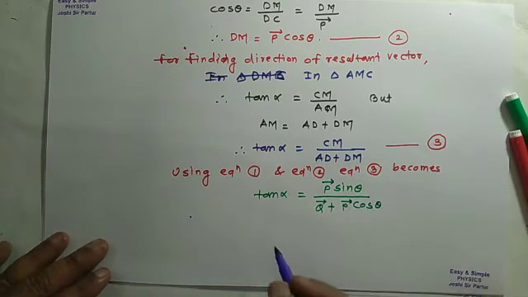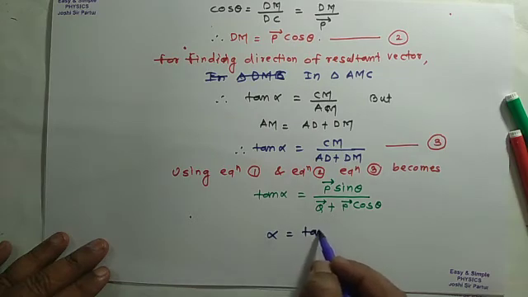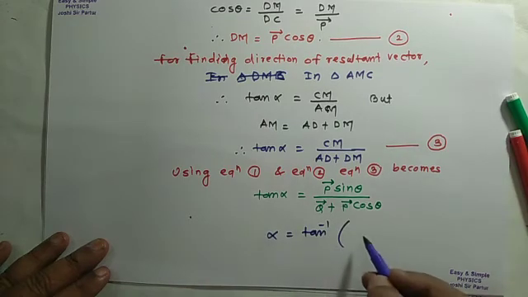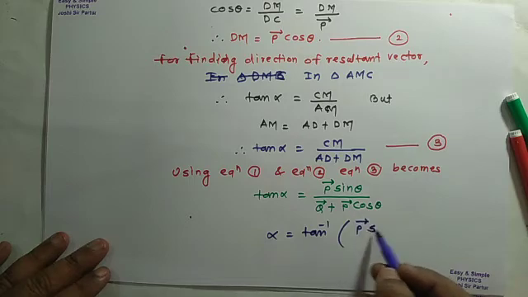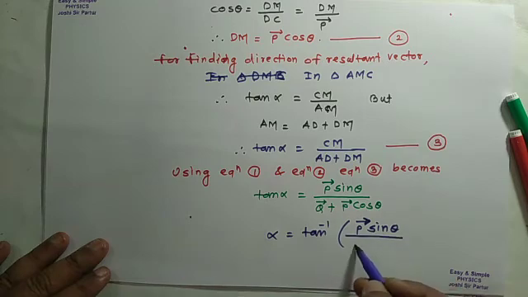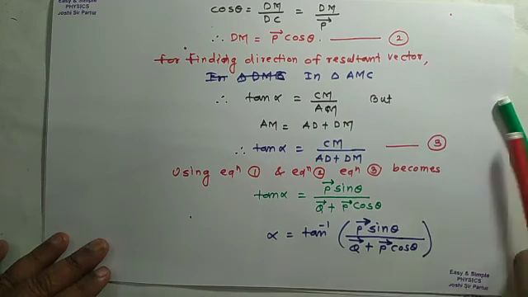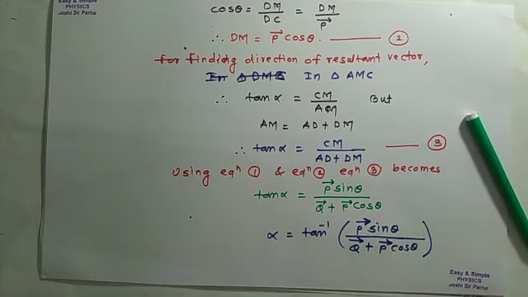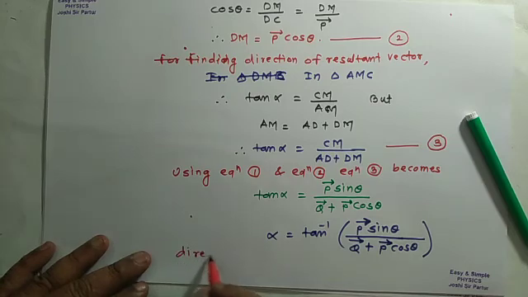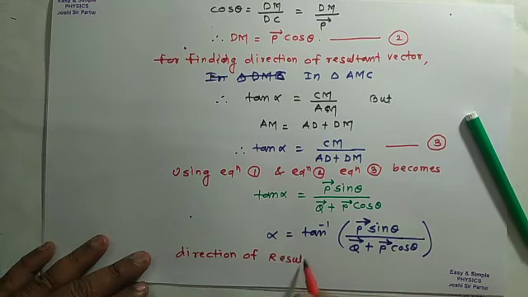Therefore alpha is equal to tan inverse of vector P sine of theta divided by vector Q plus vector P cos of theta. This equation represents the direction of the resultant vector.